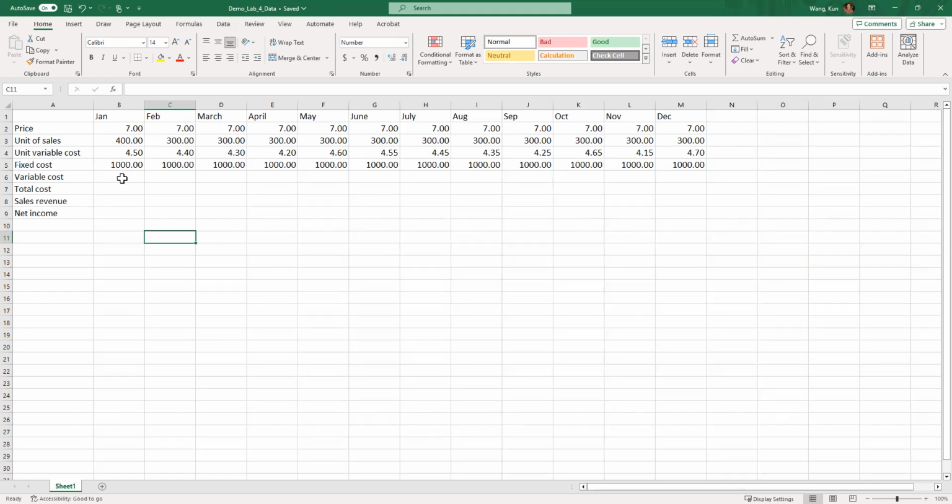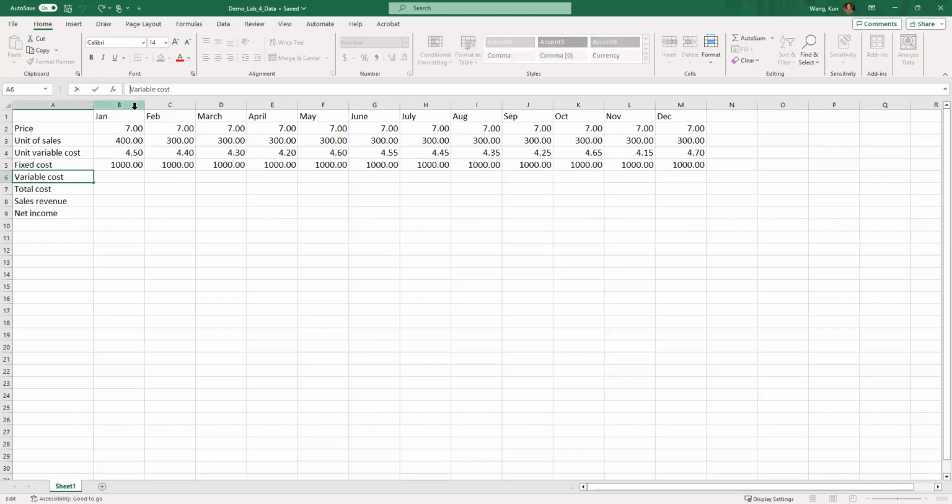So let me calculate the numbers for one month, and then we can copy the formula to the other months. The total variable cost equals the units of sales multiplied by the unit variable cost. Total cost equals the total fixed cost plus total variable cost.